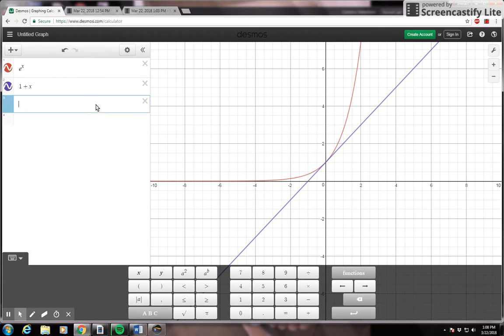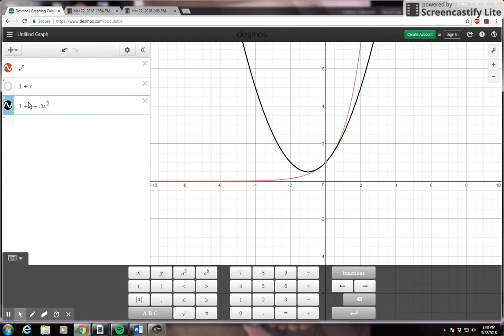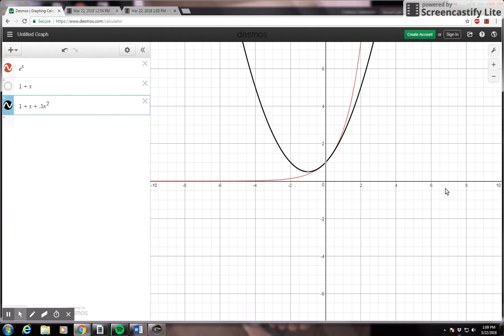Let's say I do the second degree expansion of e to the x. So I'll do 1 plus x plus 1/2 x squared, 0.5 x squared. That is this. Now, look at how close it is. Here's my point of tangency, and look at how close it is to approximate. It's a larger interval where I can actually approximate my curve, right?